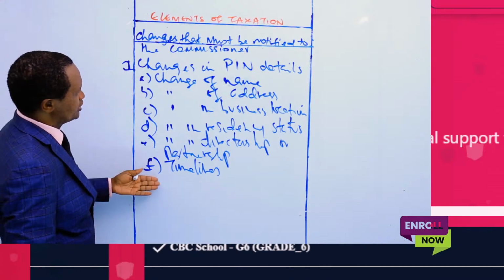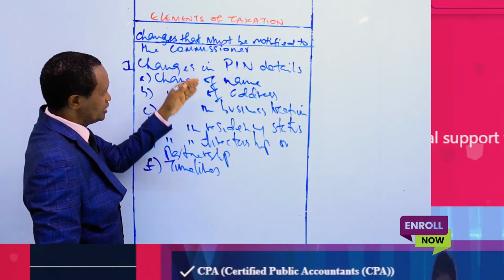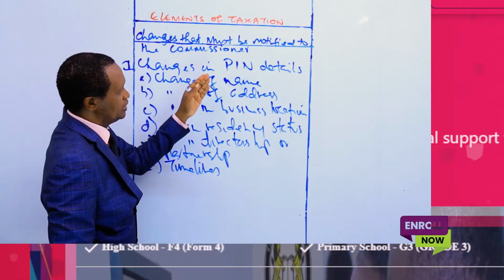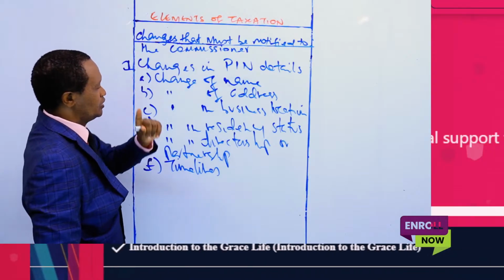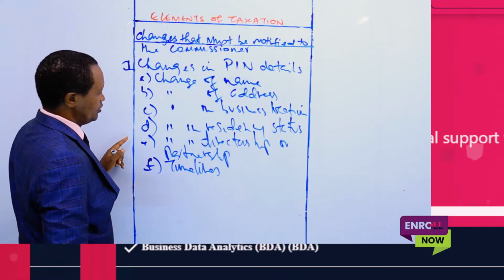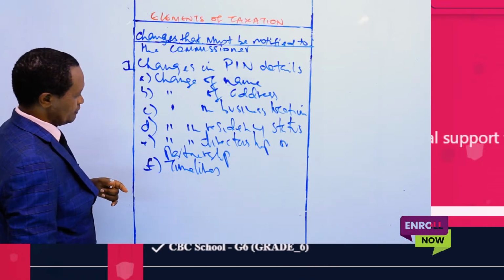So if there are changes to the initial PIN details, then such changes have to be notified to the Commissioner within a period of 21 days after the change has occurred.